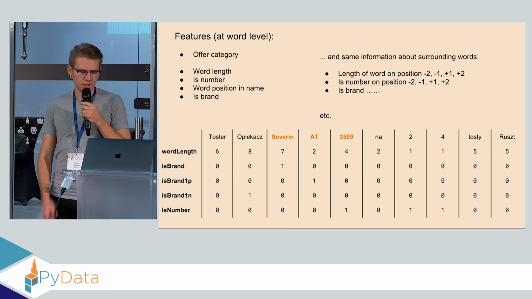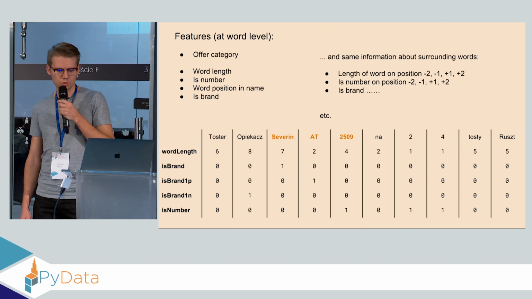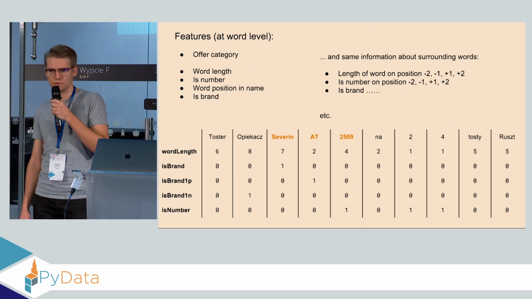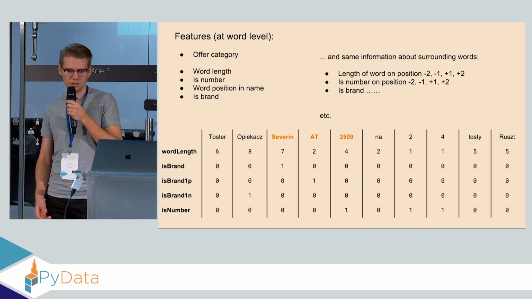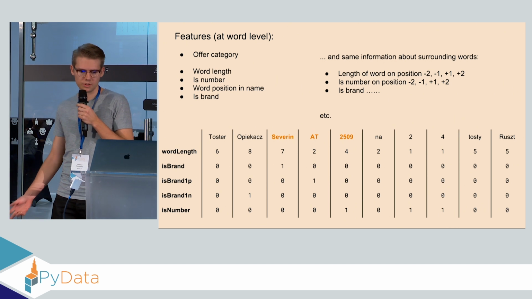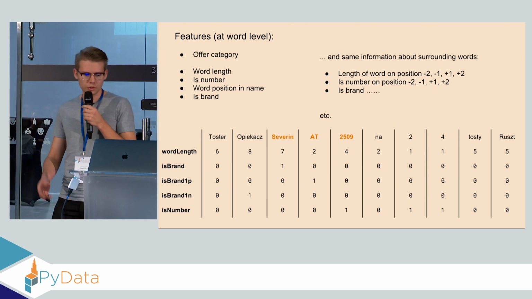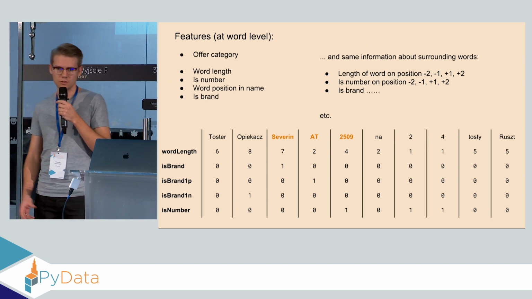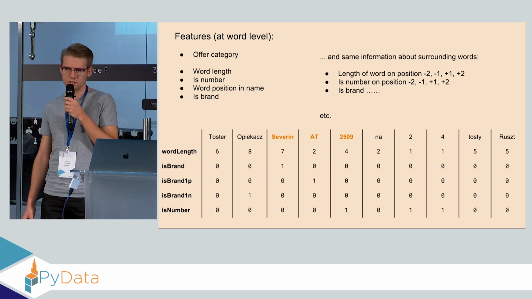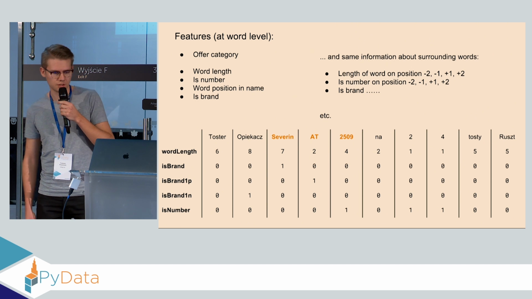So for each of these words we got the characteristics of the previous word, the next word, and so on. So there's no vectorization. We are only interested in features of these words. We're not interested in the words themselves, actually.